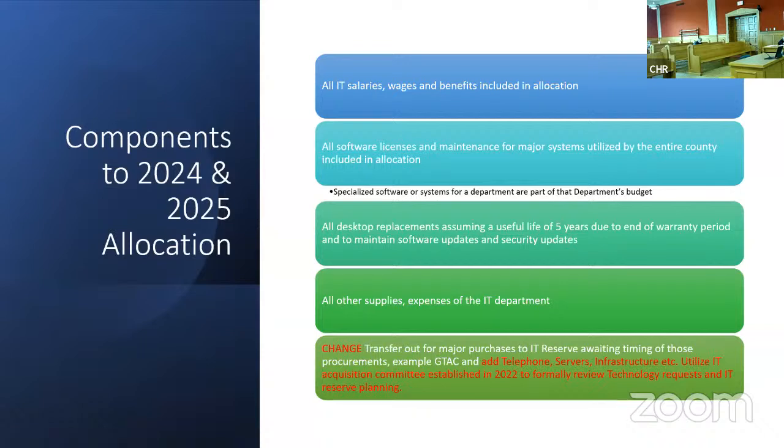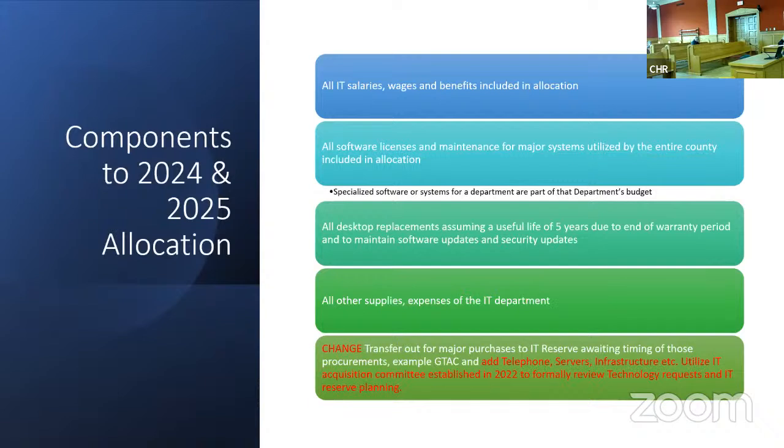Okay, so I am going to recommend some changes in what I've put together for 24 and 25. And basically, all of the top ones stay the same. The only one that I'm recommending a change on is the transfers out for major purchases. I recommend that it be a little bit more defined.